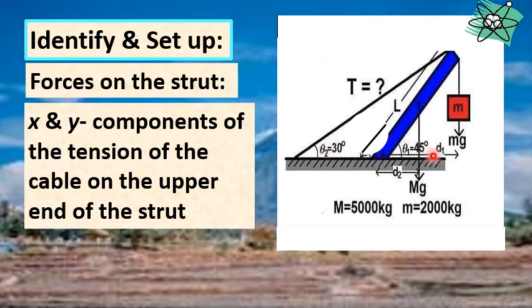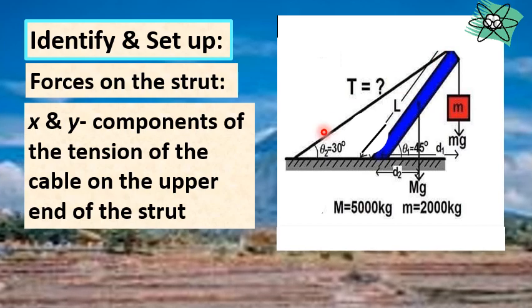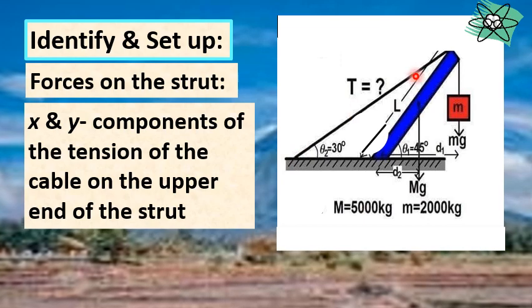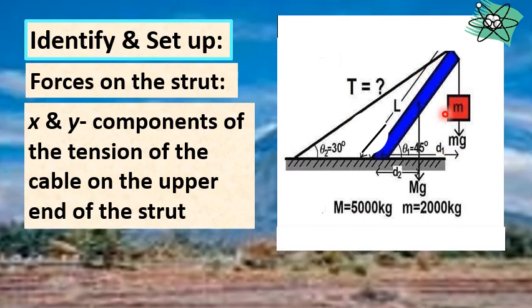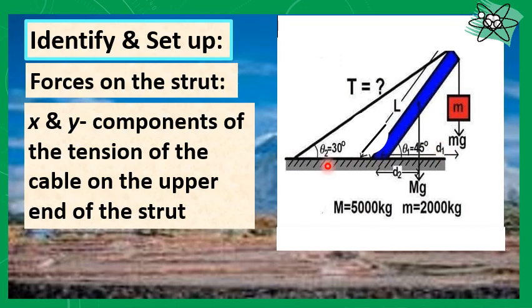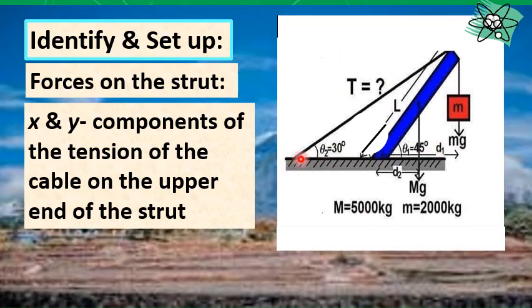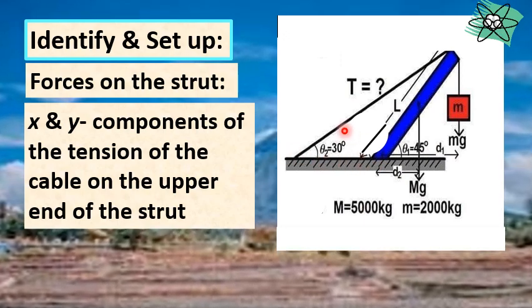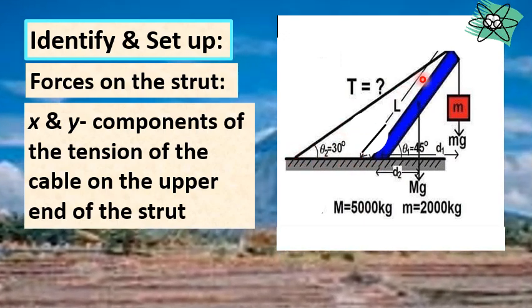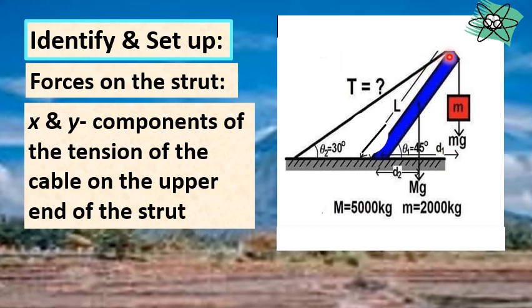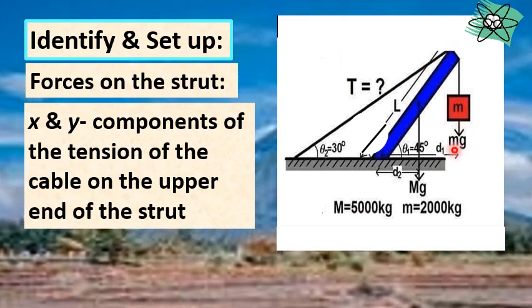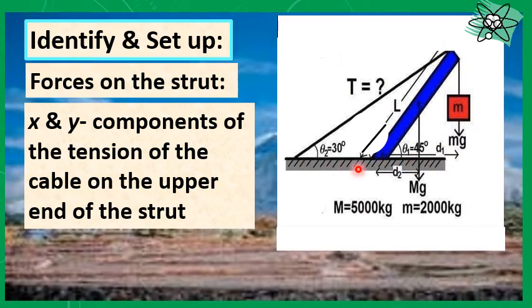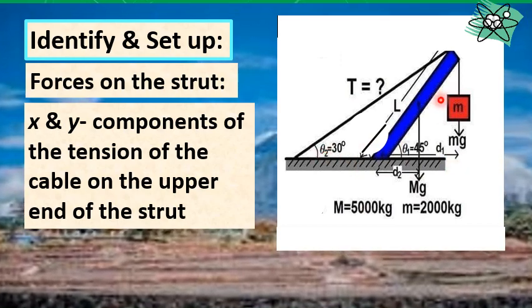So that means if the cable represents the hypotenuse of an imaginary right triangle, the horizontal beam becomes the adjacent side, and the distance from the upper end of the strut to the horizontal beam will be the opposite side of the imaginary triangle.